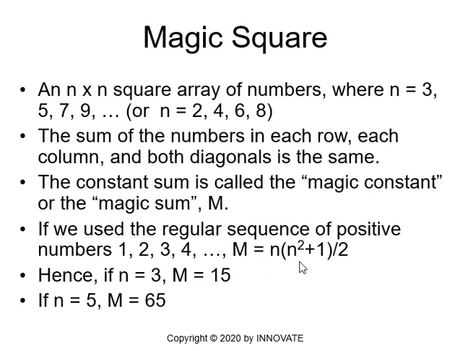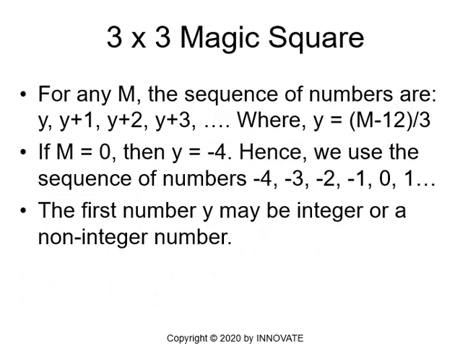But this equation is true only for this sequence of numbers, if we use 1, 2, 3, 4, 5. Also, we can find out the starting number for any m. For instance, sometimes people will ask, I need the magic sum to be equal to 0, for instance, or equal to 1, or equal to 10, or equal to 20.